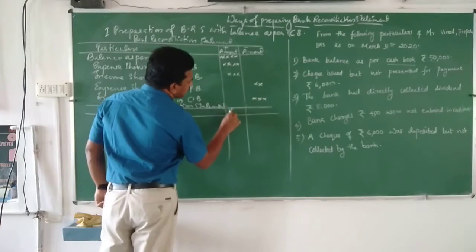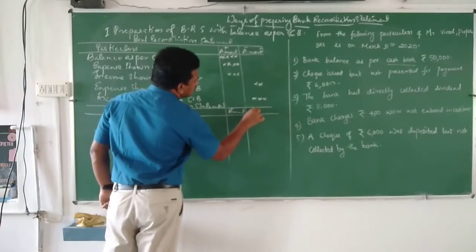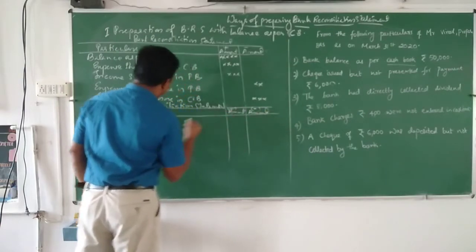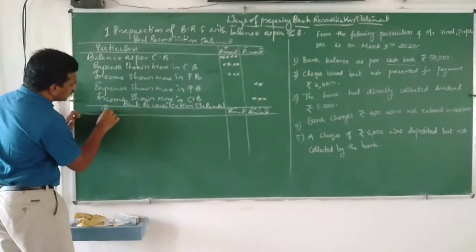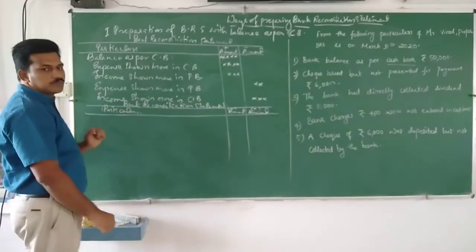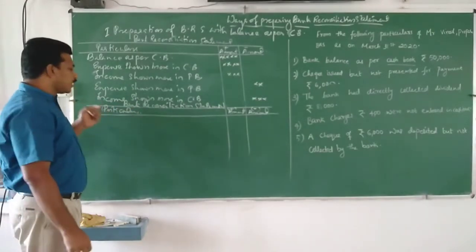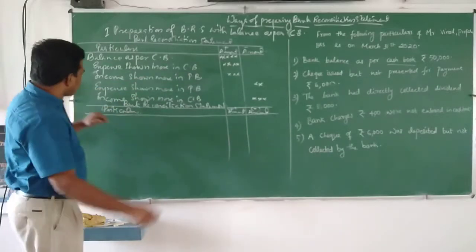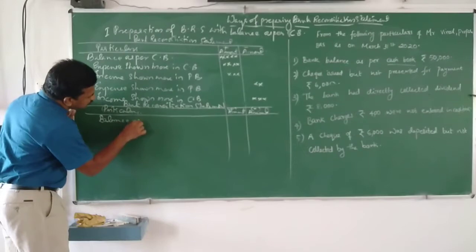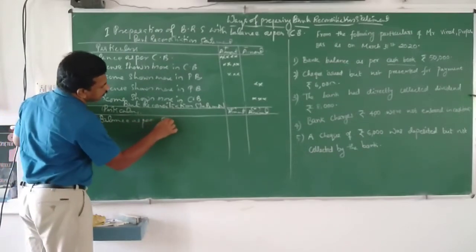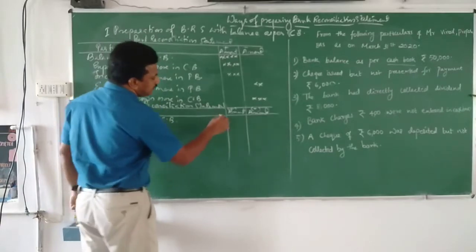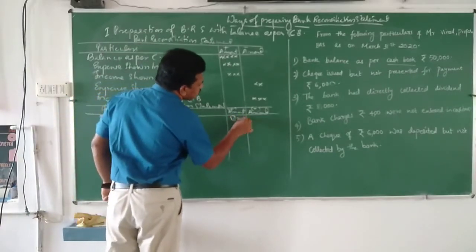Here we will write the plus amount, here the minus amount, and here particulars. Okay, so how to prepare? First we will write balance as per cash book. That should be taken here, 15,000.